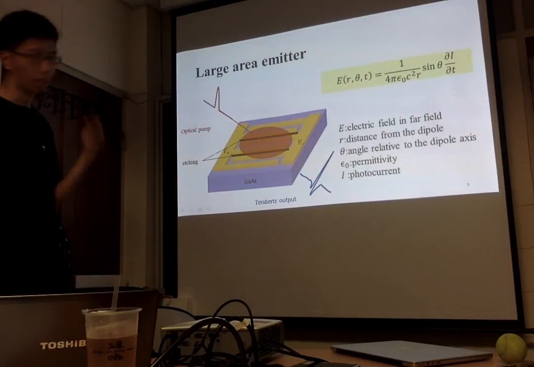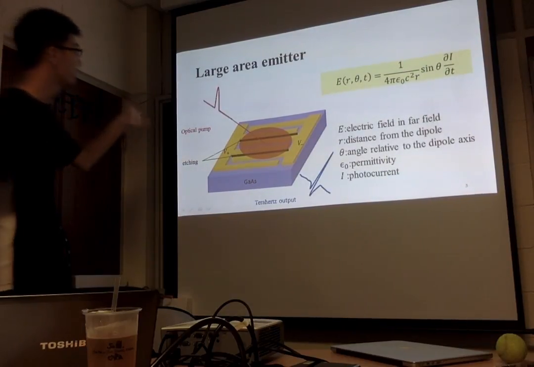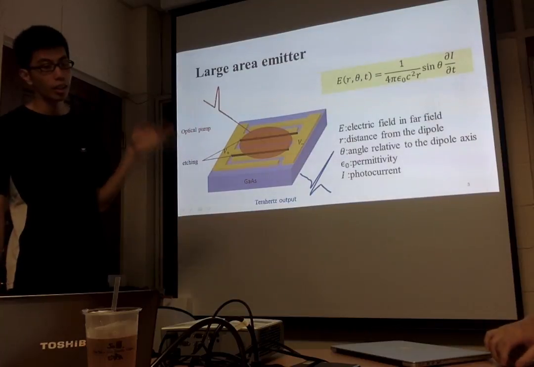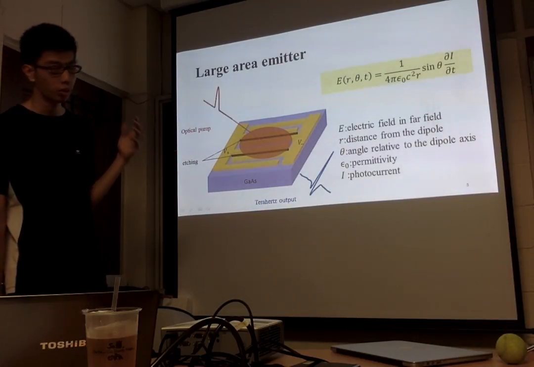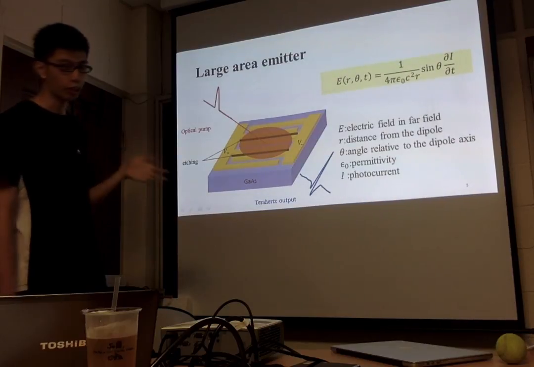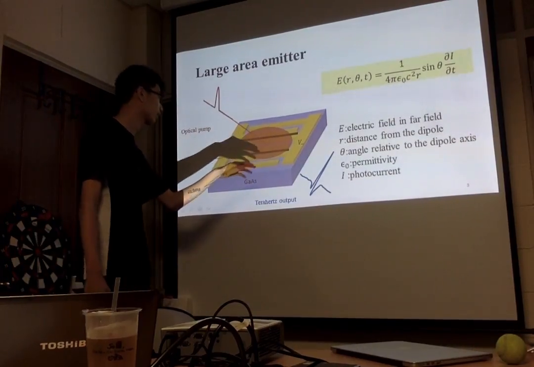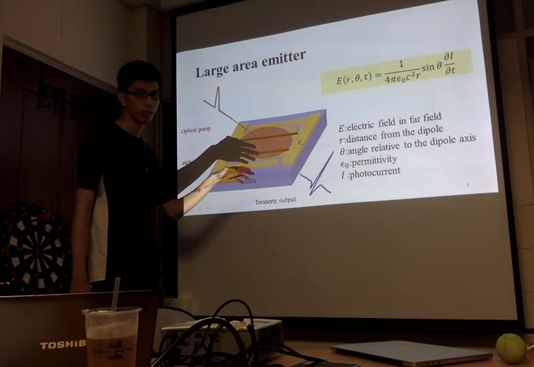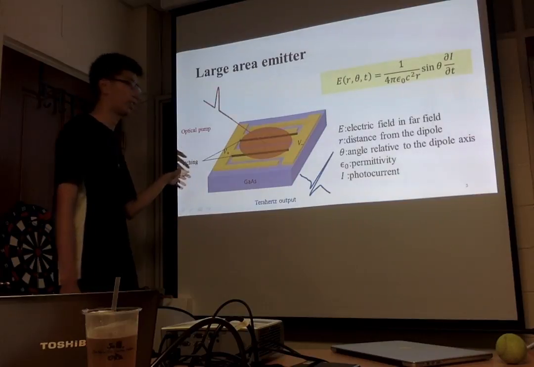Large area, this is the large area emitter. The large area emitter has interdigitated electrodes. They are less costly, with cathode and anode.